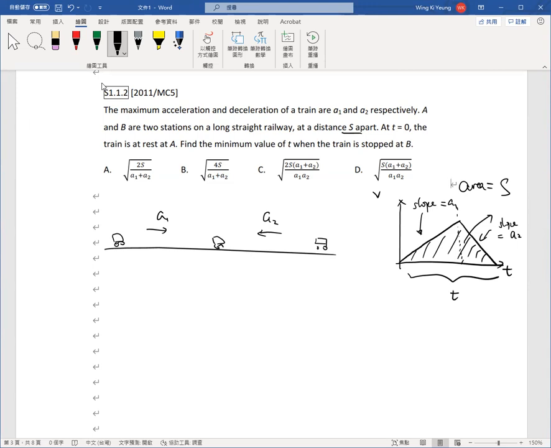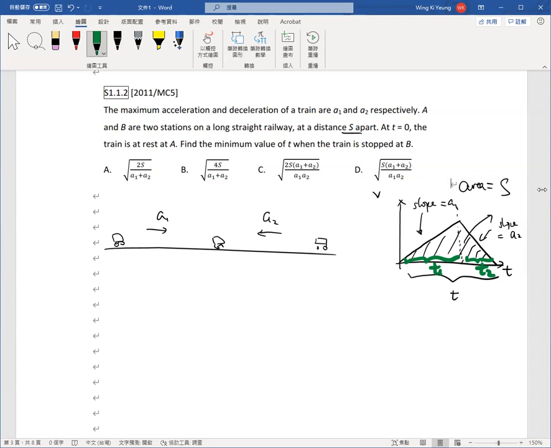Now the hint for you is to separate the time into two parts. So let's say this is T1, this is T2. If you're given the graph, you may not need any equation of motion to solve this question. Actually, in this question, you just need to look at the graph.